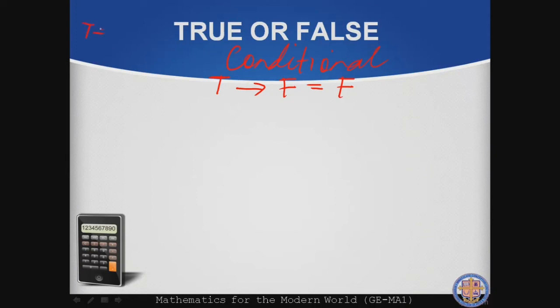So, true, true equals true. Pag true, false, look at what I'm writing at the upper left. True, false, ito lang yung false. So, remember, then, if false, then true. So, this is still true. But if you have both false, so this is still true.